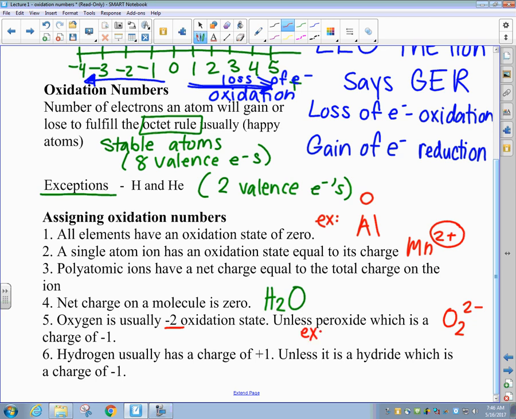So some examples here would be H2O2. This is in group 1, even though hydrogen's truly not a metal, but this is hydrogen peroxide, where it is in a 2-to-2 ratio.